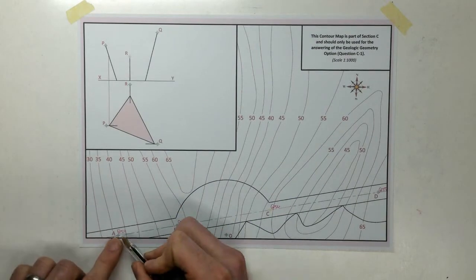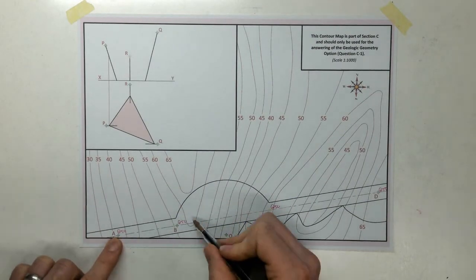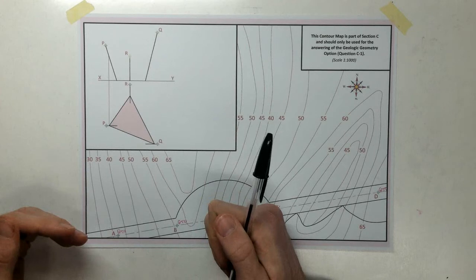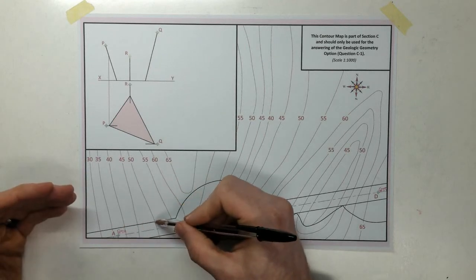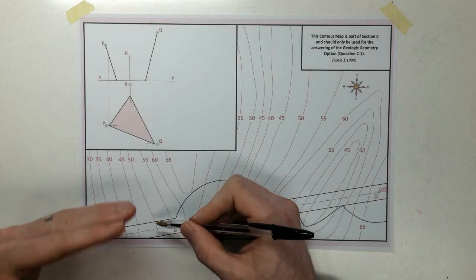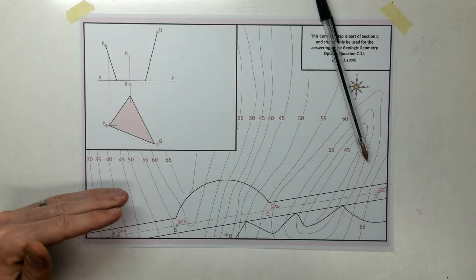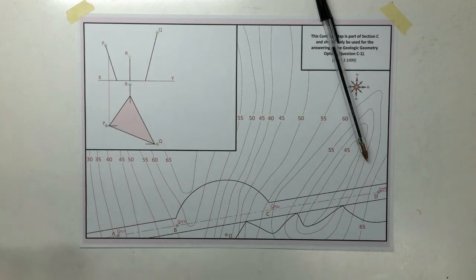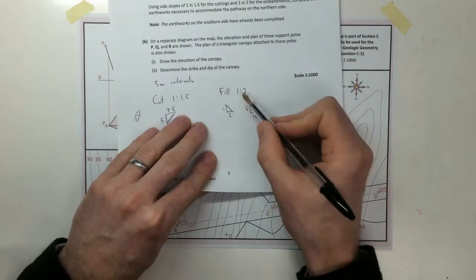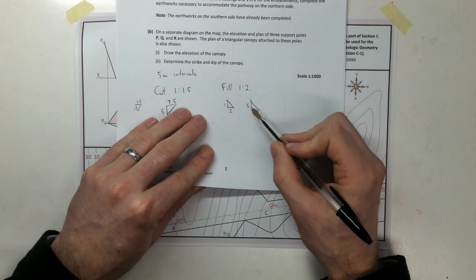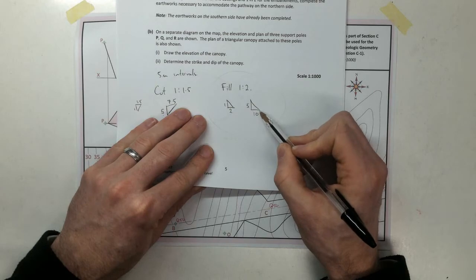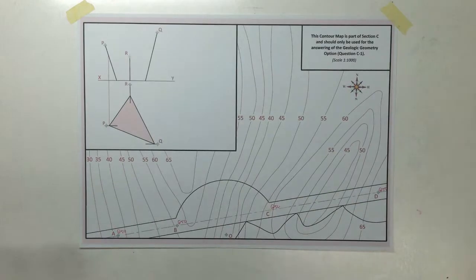So here we're at a level of 50. Looking at the ground contours inside that, we've got 30, 35, up as far as here is going to be a fill. We're filling up the sides of the road so that it meets the path. So we're going to use our fill ratio over here, going up in 5-meter vertical intervals, so we need to go 10 each time. I'm going to measure 10, 10, 10.